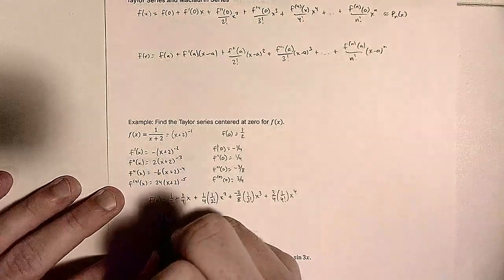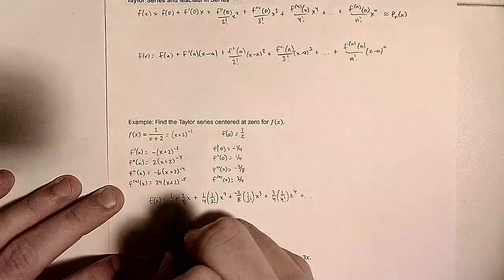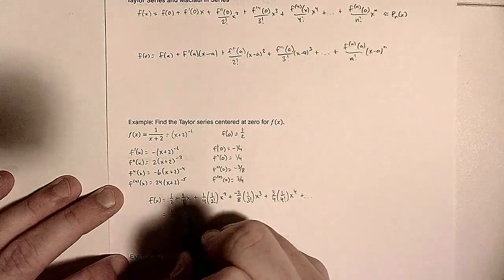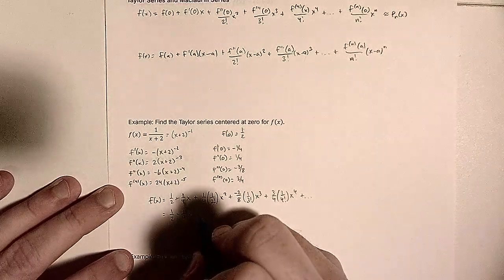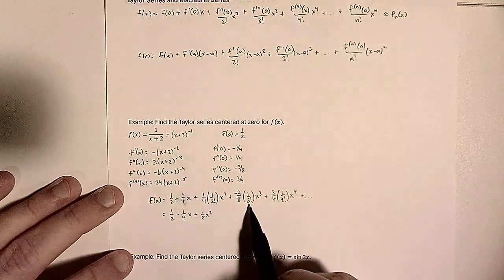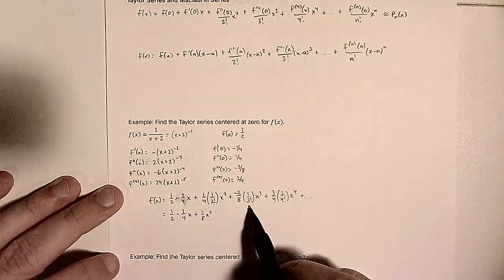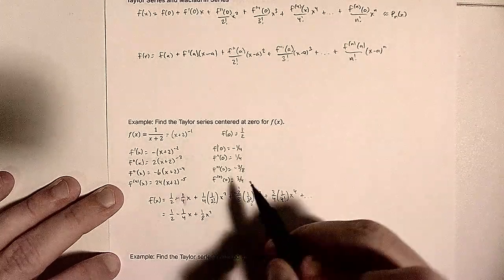Now, if we work this out, we're going to get 1/2 minus 1/4 x. This is 2, so we're going to get 1/8 x squared. 3 factorial is 6. 6 and a 3, that'll give us 2 and a 1 there.